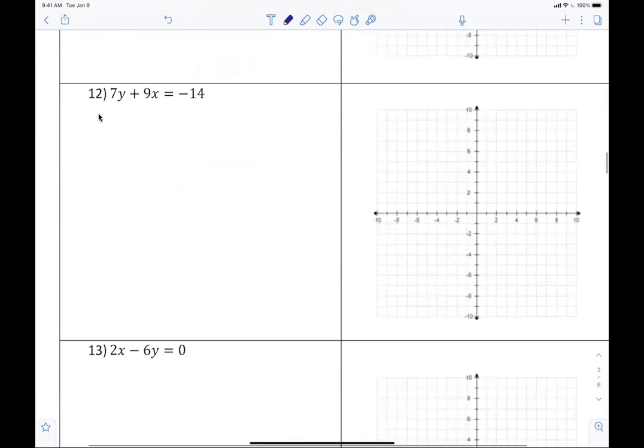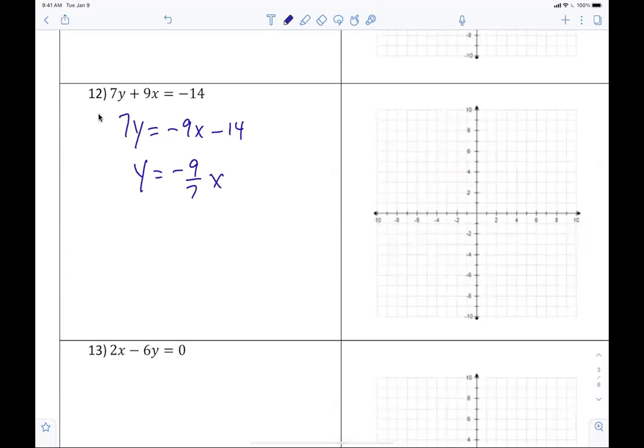All right, let's try number 12. Tell me. Let's do 7y equals 9x minus 14. -9/7 x minus 2.